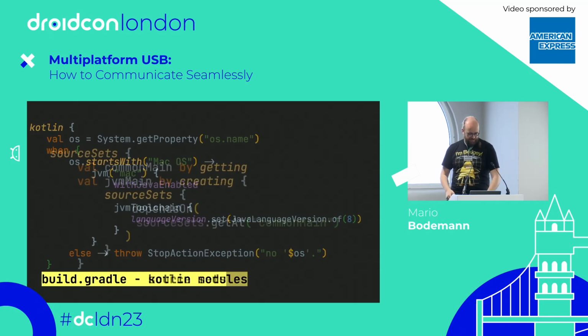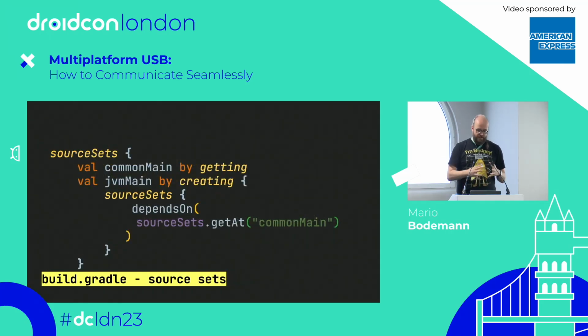Now that we have the source sets defined, we can also specify the dependencies between each other, right? So we have the big commons module, which does all of the main things. Then we have the JVM specific ones, which is saying, hey, take a file. And if there is a file that is the badge, do the things you need to do with it without needing to know what the file name is.